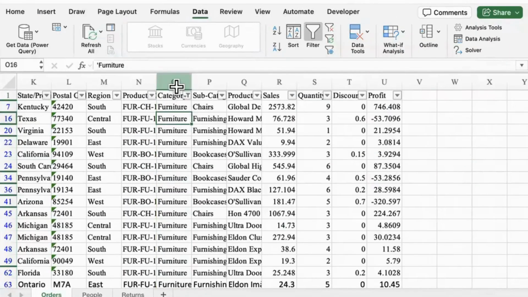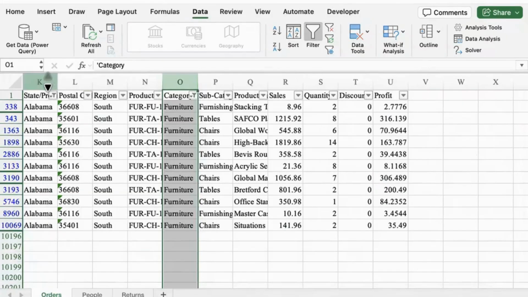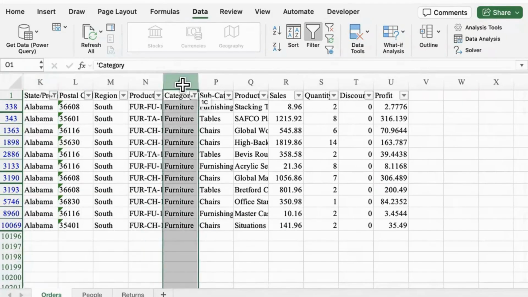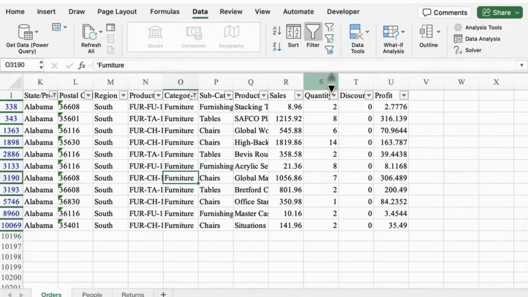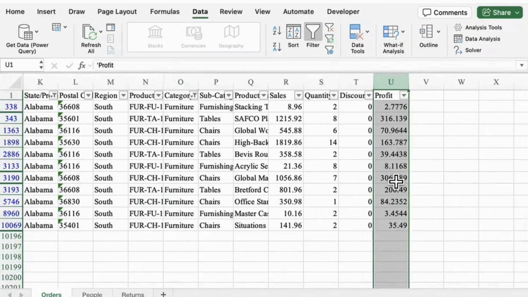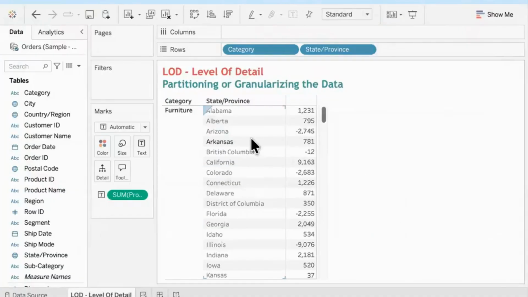Apart from focusing on a specific category, now I'm saying I would like to focus on one single state, let's say Alabama. Look at the data. It has come down to just a handful of records. Out of 10,194 rows of data, we hardly have anything here now. And the profit is 1231, which you're seeing here.